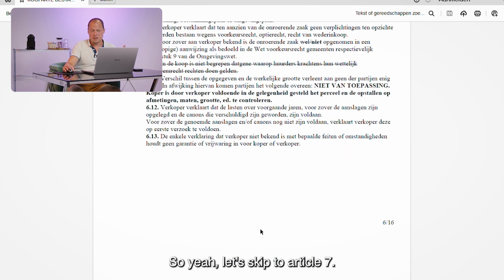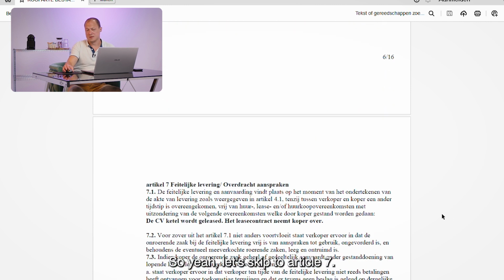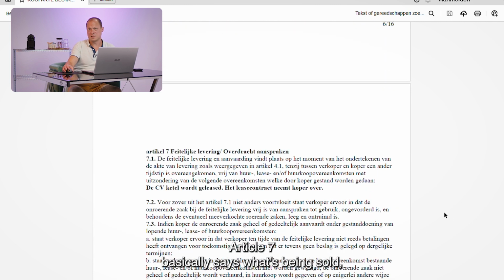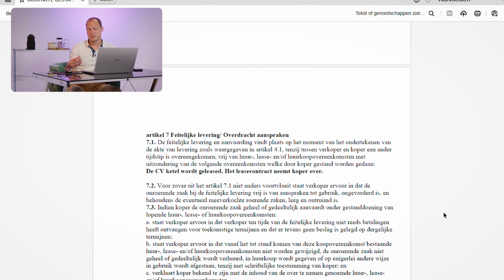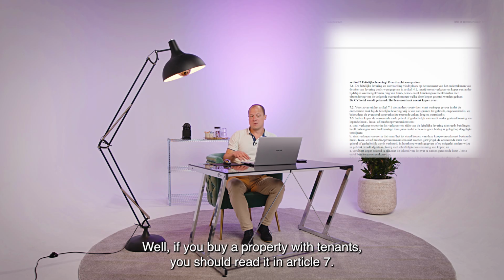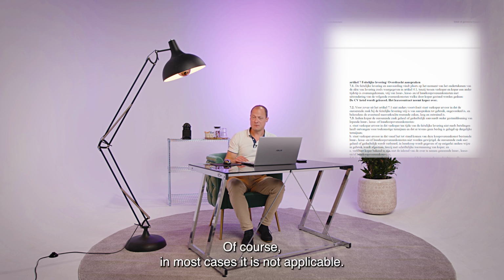All right, so yeah, let's skip to Article 7. Article 7 basically says, okay, what's being sold, and are there any tenants or any lease or stuff in the property? Well, if you buy a property with tenants, you should read it in Article 7. Of course, in most cases, this is not applicable.